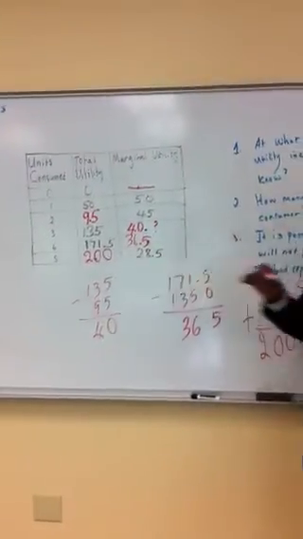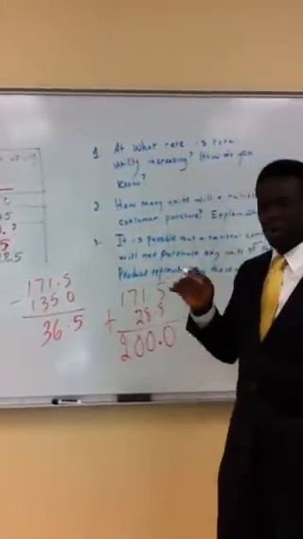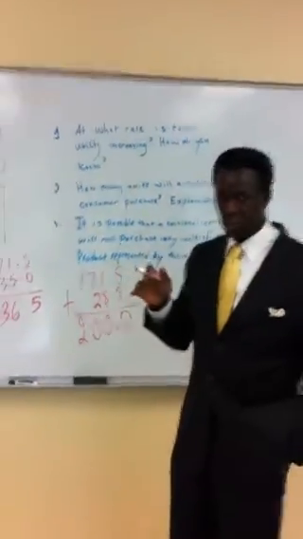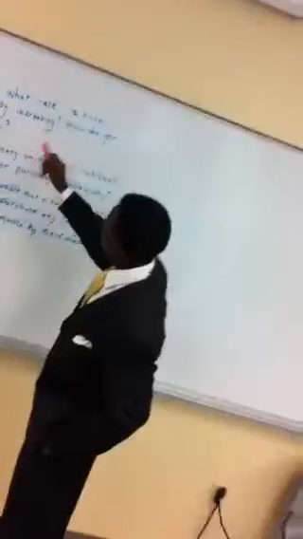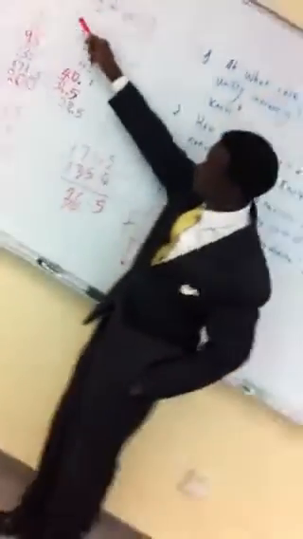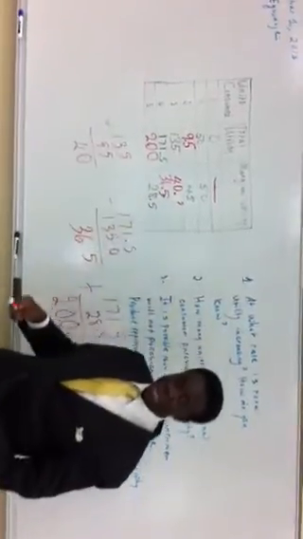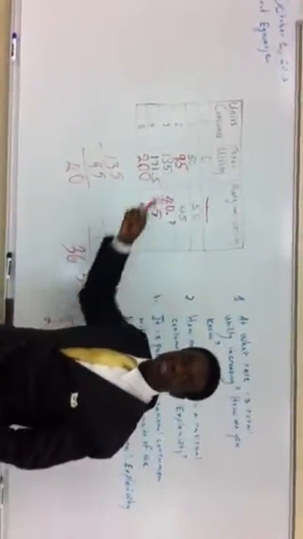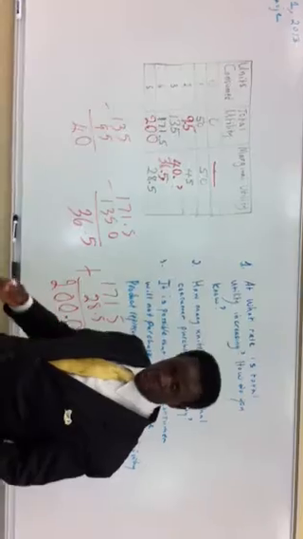So this is how you find marginal utility using total utility, or how you find total utility using marginal utility. But remember that the sum of the marginal utility makes up the total utility. Now, looking at this table, at what rate is total utility increasing? Total utility is increasing at a diminishing rate. How do we know that?